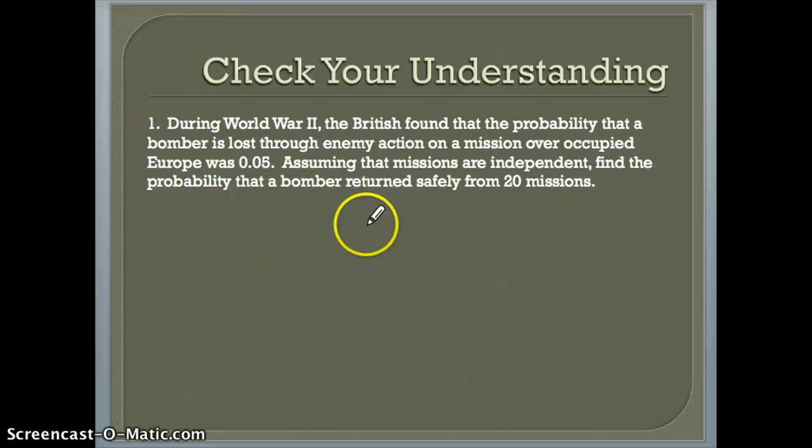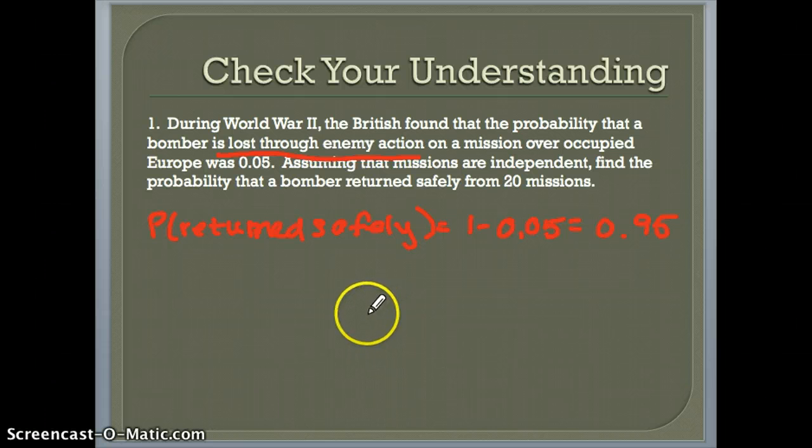So this one's actually kind of similar to the last problem. So first off, the probability of return safely would be 1 minus the 0.05, which was that they were lost in enemy action. So that would give us the probability that they would return safely would be 0.95. Then, of course, we're looking for 20 missions.